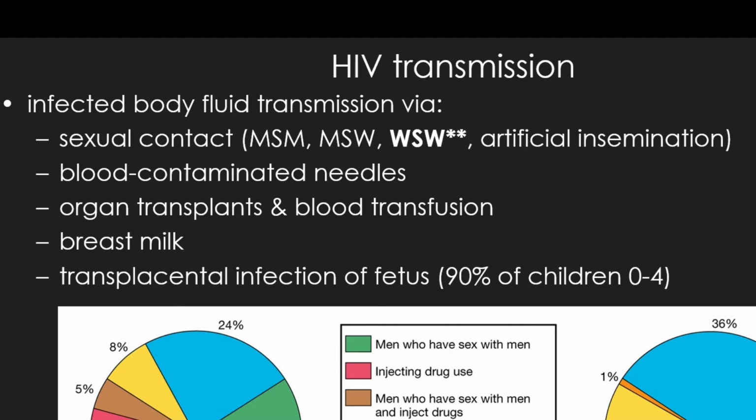Blood contaminated needles, of course, because the virus is found in the blood, organ transplants or blood transfusion will also transmit the virus. Breast milk can actually transmit the virus, and the virus can cross the placenta and infect the fetus, and that accounts for about 90% of children ages 0 to 4.